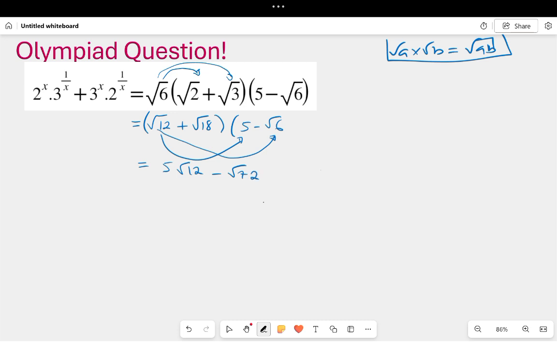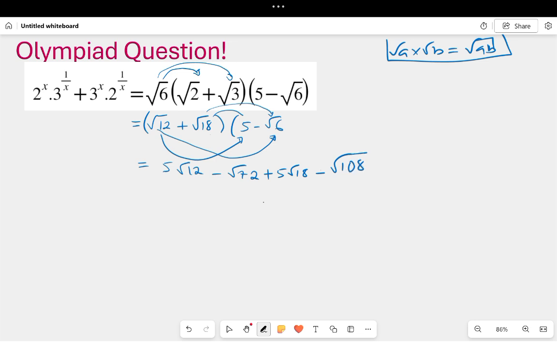Then the square root of 18 times 5 is plus 5 root 18. Next, the square root of 18 times the square root of 6 is minus the square root of 108.